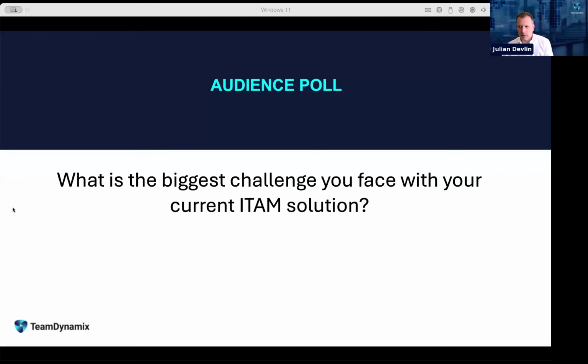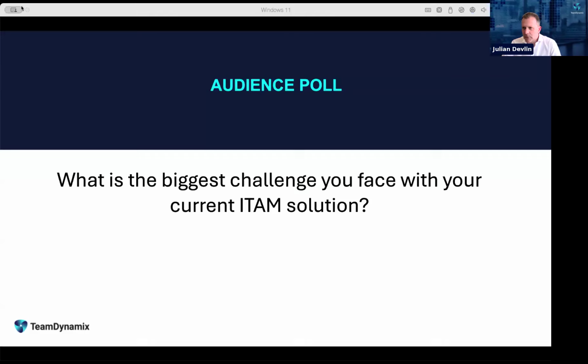Looks like we're settling in pretty quickly. So go ahead and look at the results. It looks like the biggest answer here is difficulty in tracking software licenses. Not unexpected. Within ITAM, between hardware and software, certainly software is the more complicated, subtle, hard to understand without a tool that focuses on it.